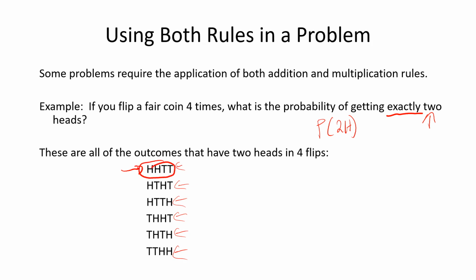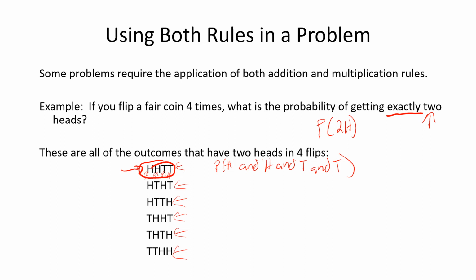And what is it? Well, it's going to be the probability of getting a head and a head, and then a tail and a tail. So it's a head, head, tail, tail. Because flipping a coin doesn't worry about with and without replacement, we don't have to worry about that.